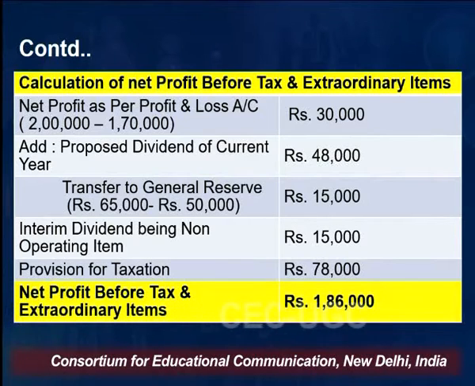After adding back all these items, or in technical terms after nullifying the impact of these non-cash, non-operating items, we shall arrive at net profit before tax and extraordinary items of rupees 1,86,000. So my dear learners, this you can alternatively do in the question also, but to avoid any kind of confusion, I have done it in this working note.